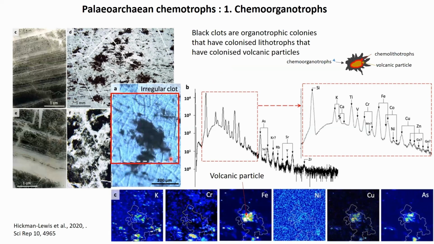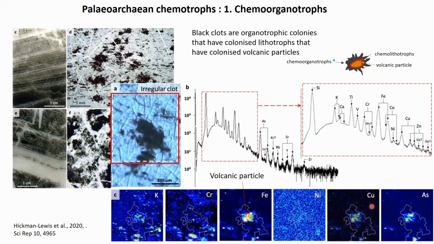First of all, he used PIXE spectroscopy. PIXE is proton-induced X-ray emission spectroscopy, or particle-induced. With this, we can see that at the center of the colony, there's always a volcanic particle that we can see here.